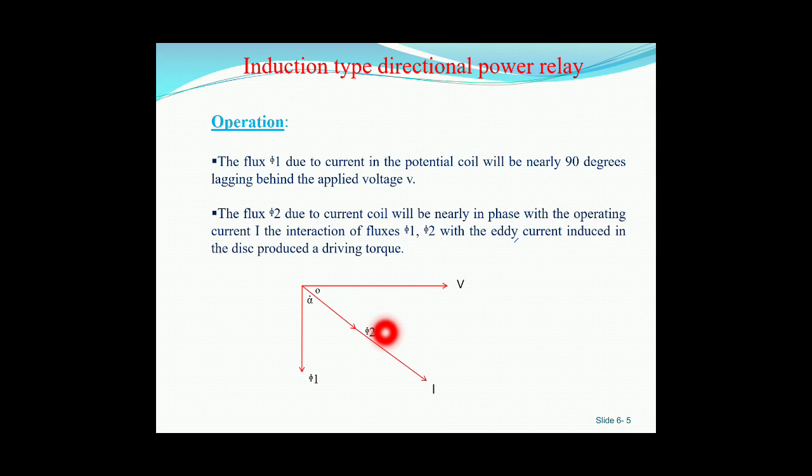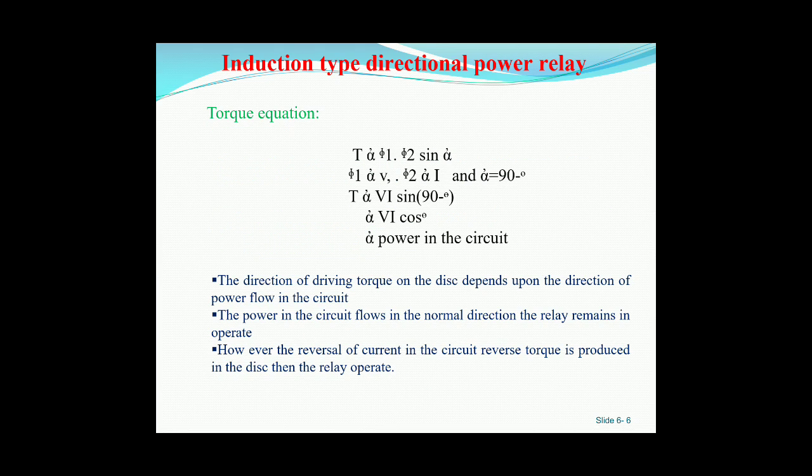The direction of the driving torque on the disc depends upon the direction of power flow in the circuit. When the power in the circuit flows in the normal direction, that means normal operating condition, the driving torque and the restraining torque help each other to turn the moving contact away from the fixed contact.